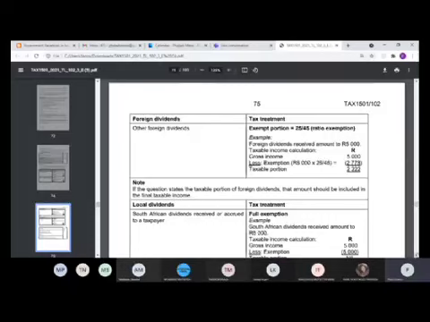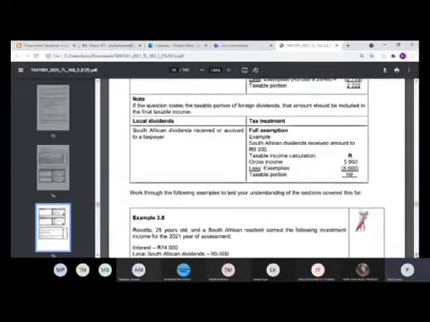That includes other foreign dividends. That would exclude when somebody is holding the 10% equity in that foreign company with voting rights, or if the company is listed on the JSE. All right. Let me look at the note, where it says, if the question states the taxable portion of foreign dividend, the amount should be included in the final taxable income.